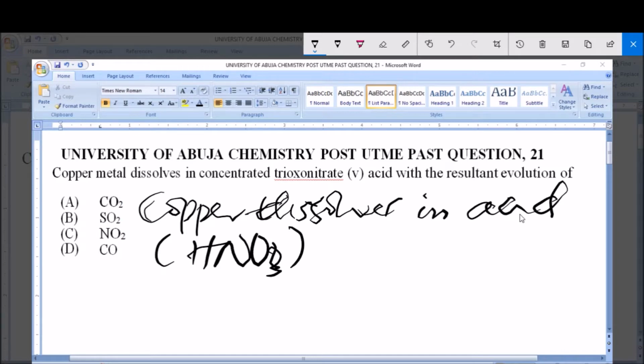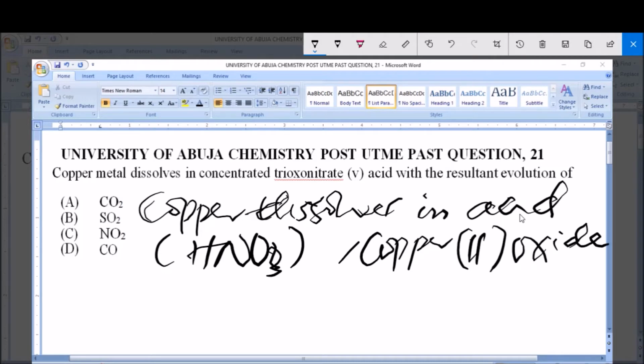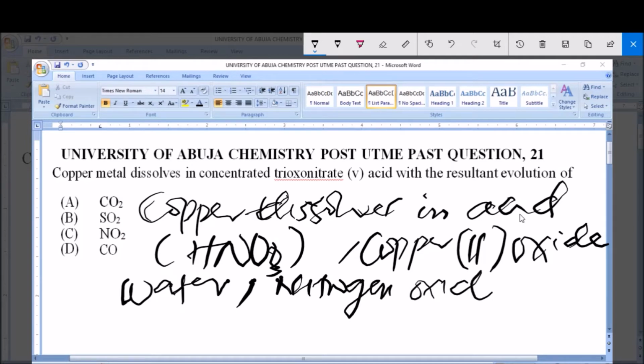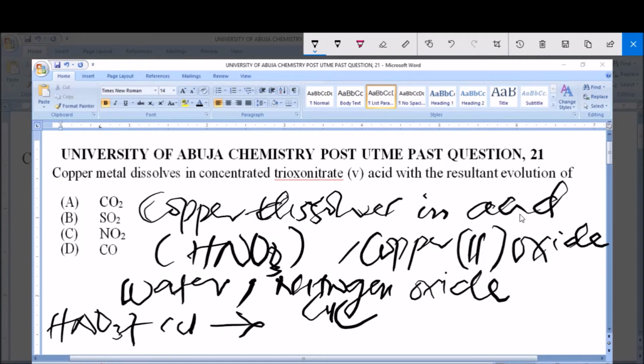Copper dissolves in this acid to form copper(II) oxide, water, and nitrogen oxide. According to this equation of reaction, we have that HNO3 plus copper will give you CuO, copper(II) oxide, plus H2O plus an oxide of nitrogen, which is NO2.